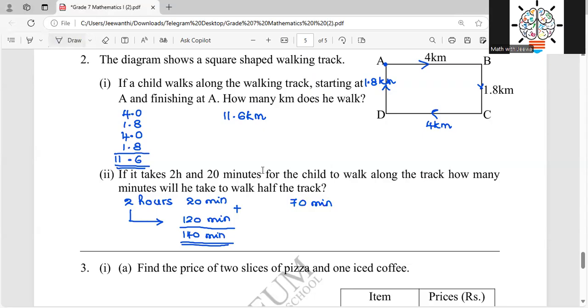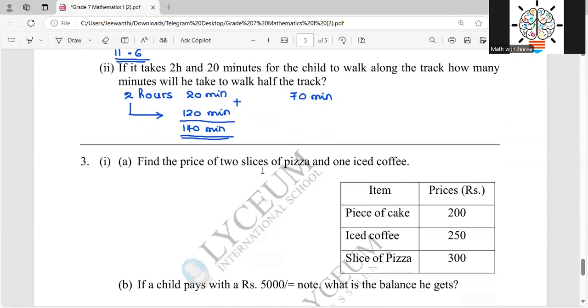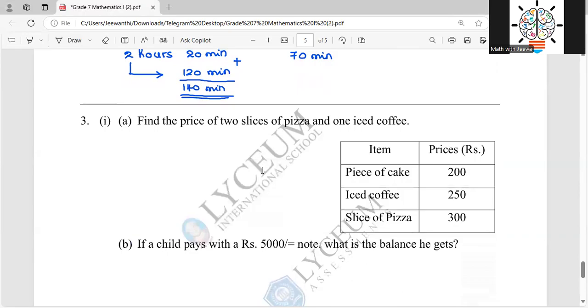Simple things, children. So then find the price of 2 slices of pizza and 1 iced coffee. So you can write 2 slices of pizza. How do you get that? Slice of pizza 300. 300 into 2 is 600.